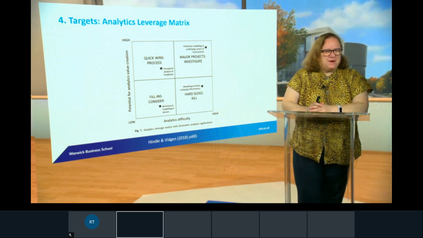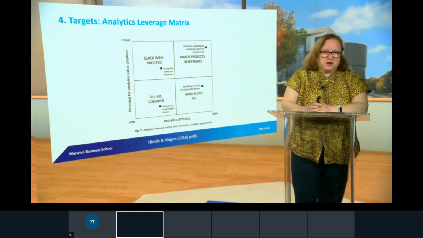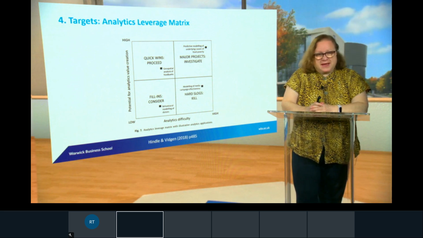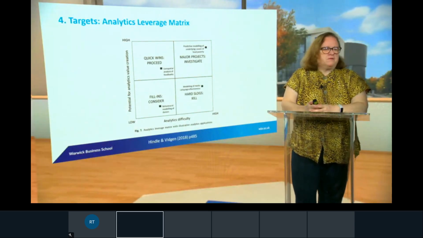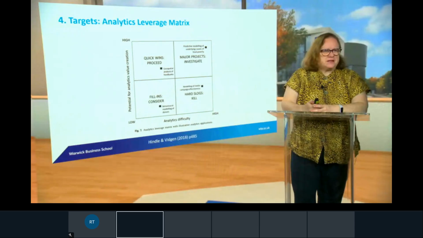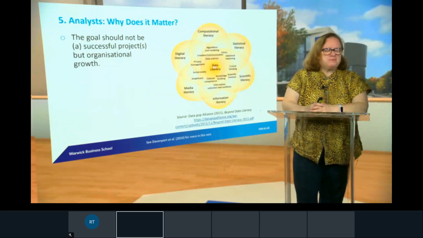And then moving down one to the bottom right. These are the things which haven't got an awful lot of value, but they've got a lot of technical difficulty. So we should think about getting out of these areas. These are the go home bits of the big projects, if you like. So that's targets. Moving on swiftly, conscious of time.